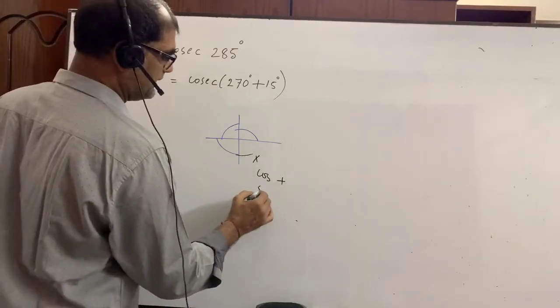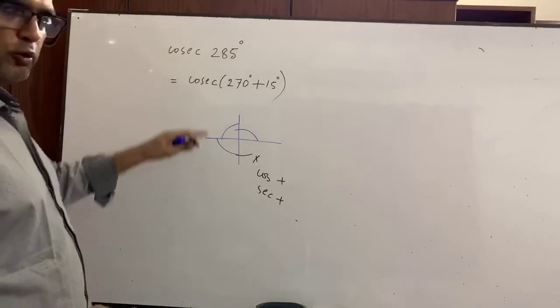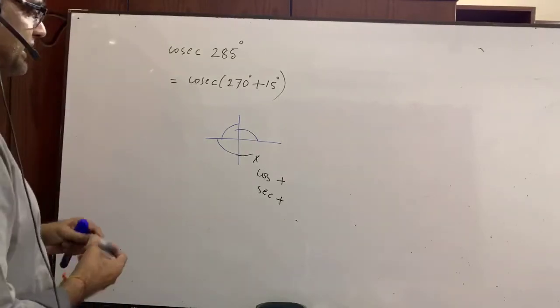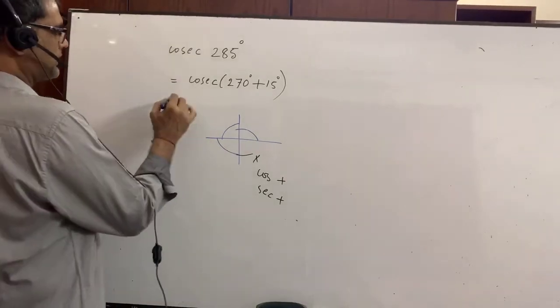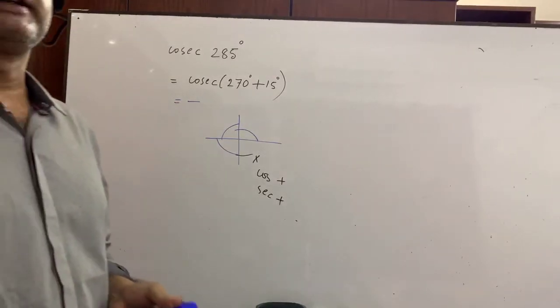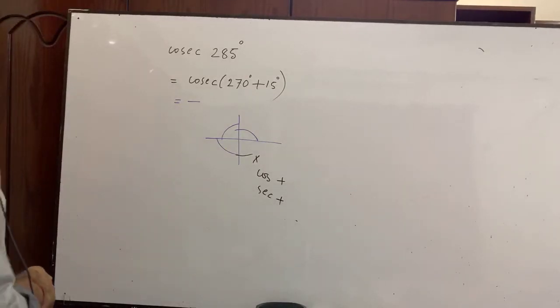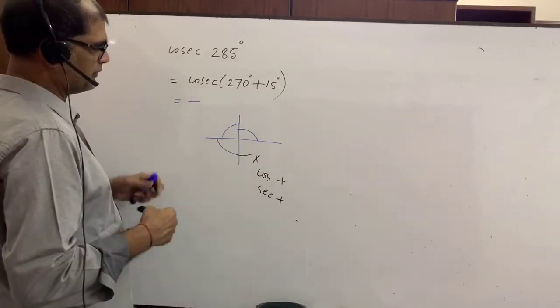That means here sec is positive, but you should understand here cosec is negative. So we can write here minus sign, that you were taught in class 9 and 10.